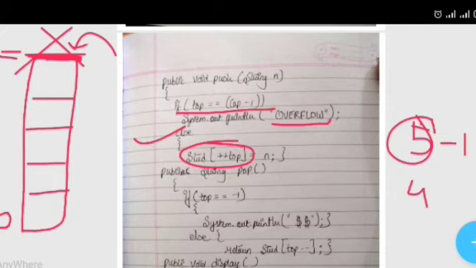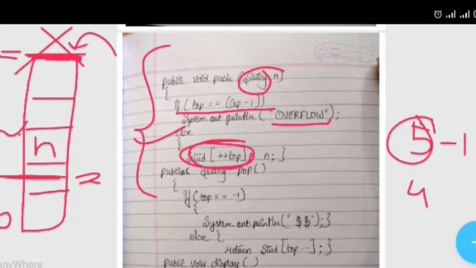Okay, so now increment means, if assume the top value is second, it will be incremented, means it will go to the third, and in the place of the third element n will be registered. Okay, so this was the program or the logic for push. Push means to fill the array or a stack.